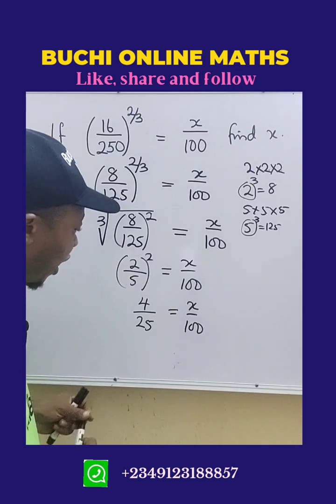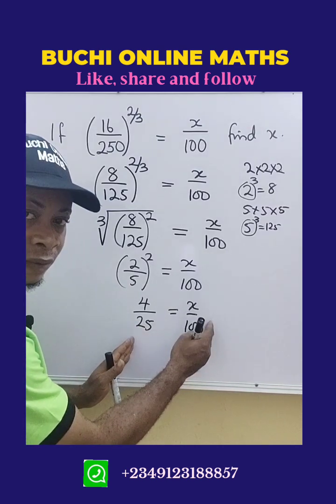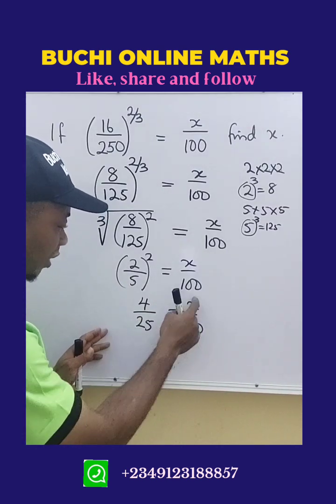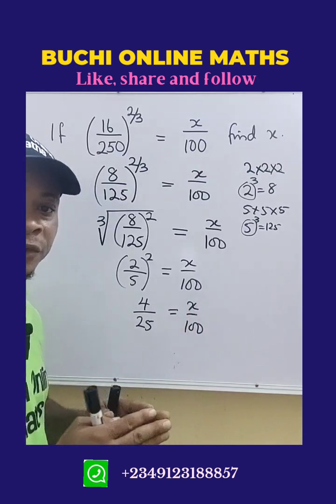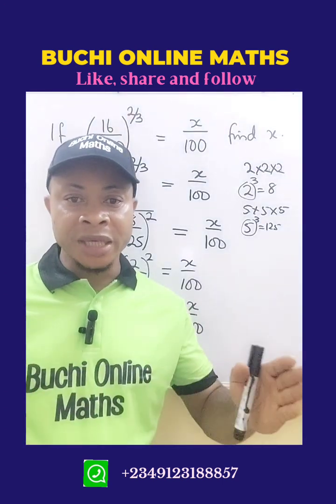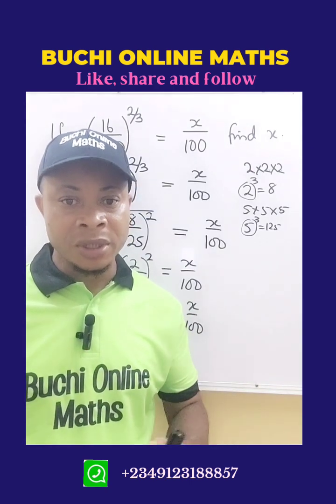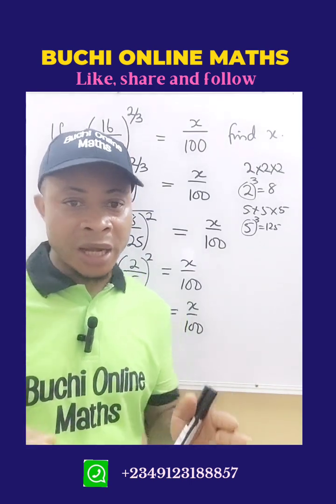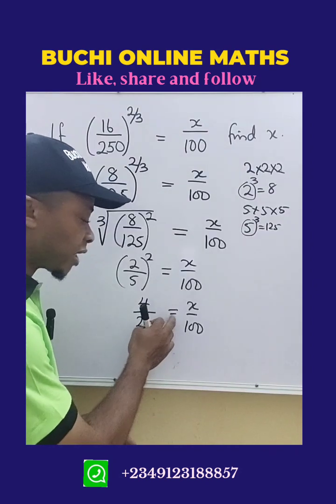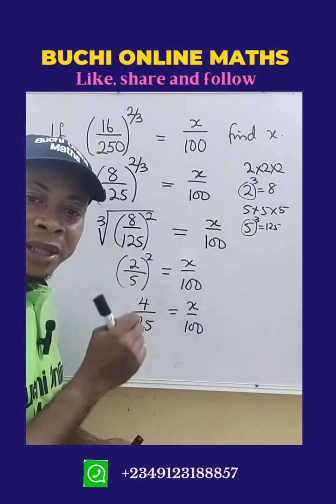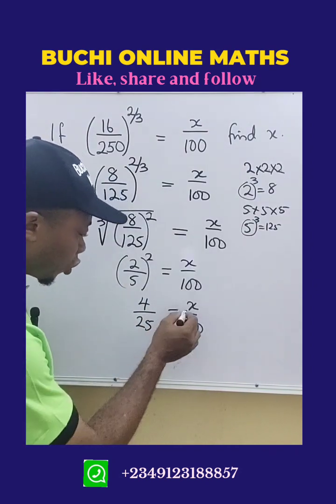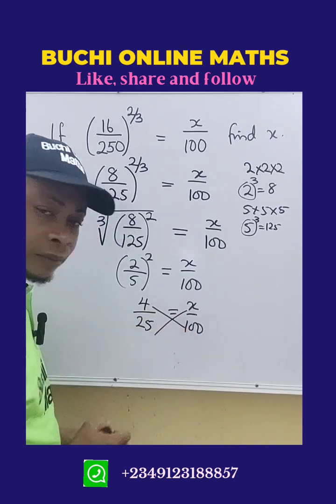Okay, now we have 2 fractions. This is a fraction and this is another fraction. Anytime two fractions are connected together by equality sign, what you normally do is just to cross multiply.